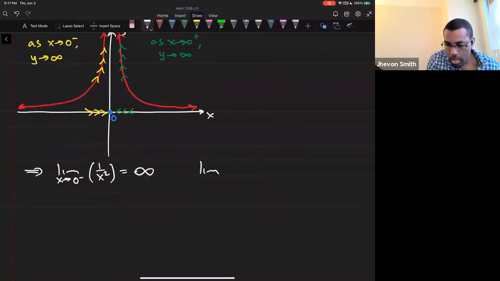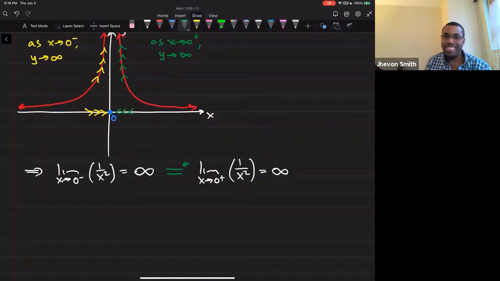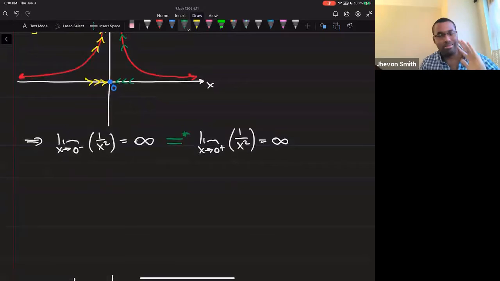And the limit as x approaches 0 from the right, again, you get positive infinity. And these are kind of equal, with asterisks, right? So these two infinities are equal, which is not always true, but we're not at the stage where we have to worry about that.